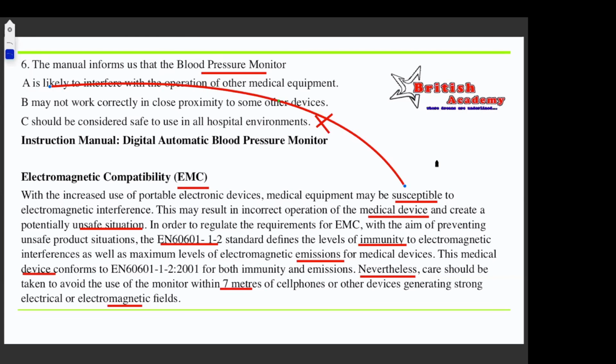They may connect susceptible and medical equipment together, but they forget to read the main question over here, blood pressure monitor. It says any portable electronic device is likely to cause electromagnetic interference. But the option says is likely to interfere with the operation of other medical equipment. A blood pressure monitor cannot emit electromagnetic waves and interfere with other medical equipment. That's why this is also not a correct option.